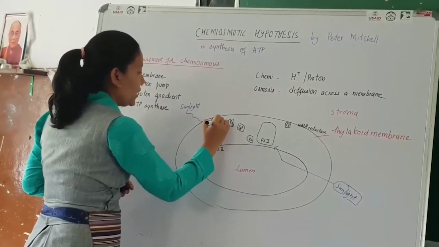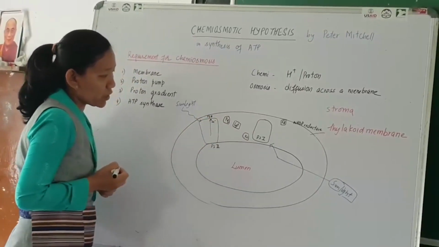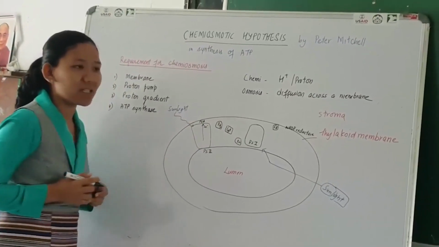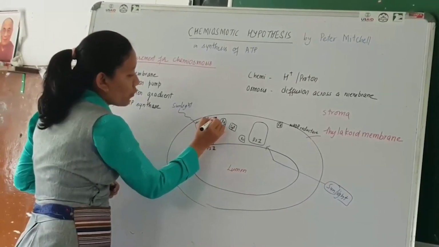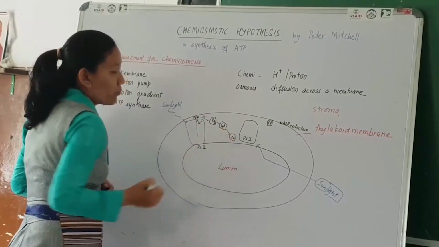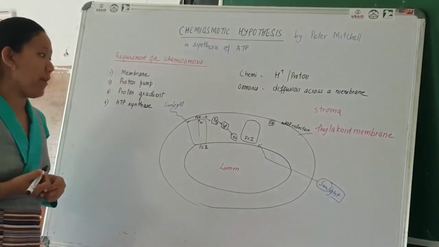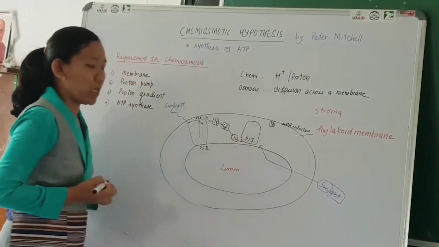Electrons get excited here and are taken up by PEA, that is primary electron acceptor, and this PEA starts the electron transport chain wherein the electrons are passed on from one carrier to the next. So they are passed on from PS2 to cytochrome b6f complex, plus to plastocyanin, and then PS1.